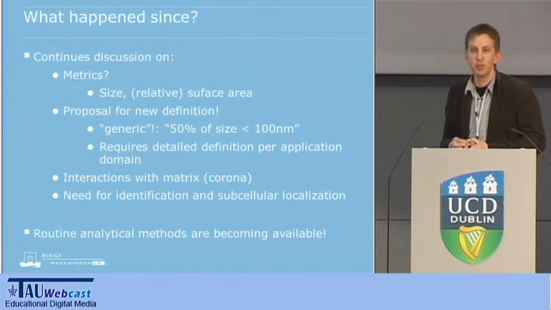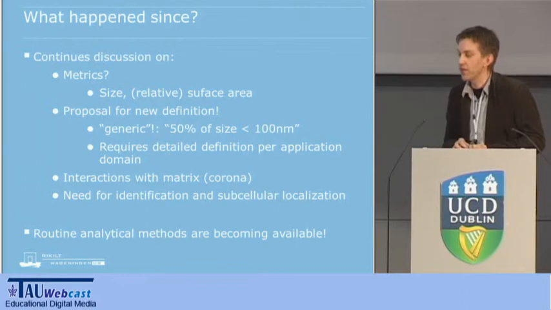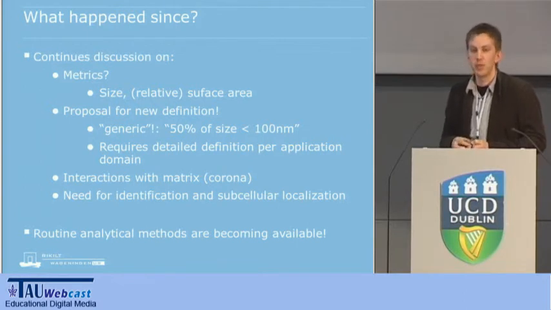There's now a new proposal and a new definition, and if I put it very shortly, it's a generic one, and an important aspect there is that 50% of the size of the particles, the size distribution, needs to be smaller than 100 nanometers. It's a very generic definition, so likely it will require some redefinition upon specific application fields.